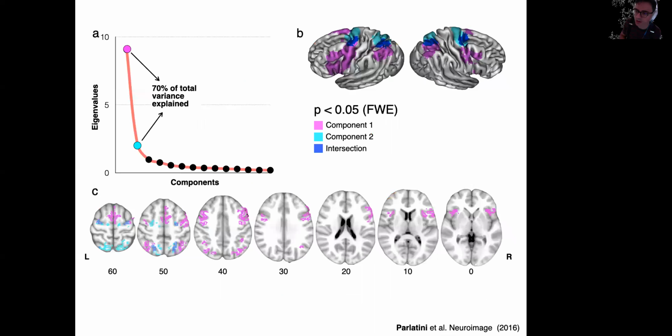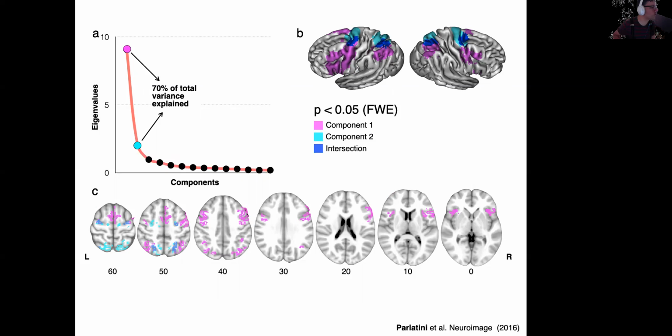The way we did that was by applying a framework called principal component analysis, which does exactly what it says: it extracts principal components from your pool of neuroimaging data. We extracted a lot of components, as you can see on the chart on the left, but only the first two together represented most of the variance, 70% of the variance of the data set, with the remainder being a long tail of components that we usually call residual or noisy components.